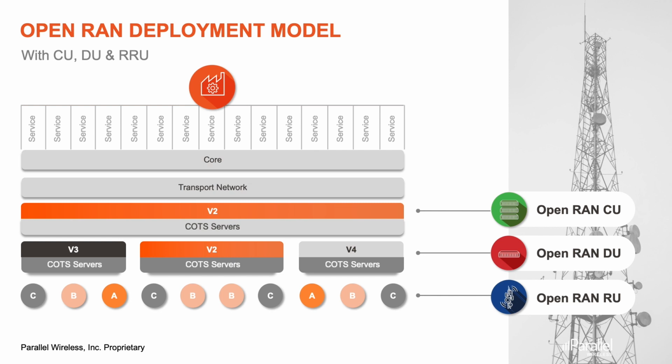And lastly, we can see the Open RAN RU, which represents the actual radio unit. There are 3 different radio units deployed on all 3 combinations.